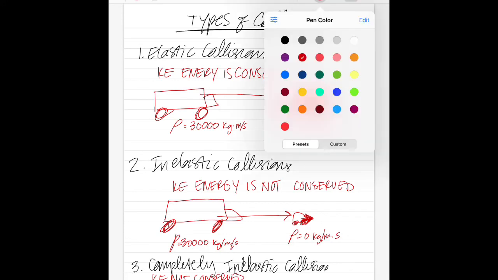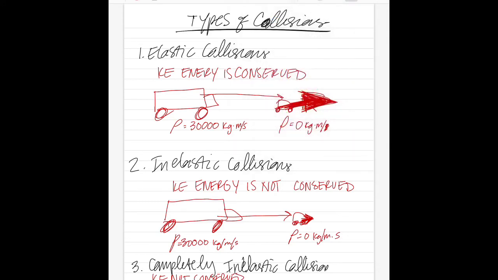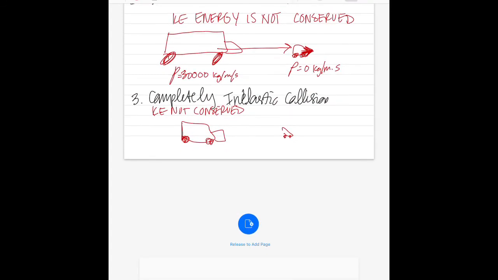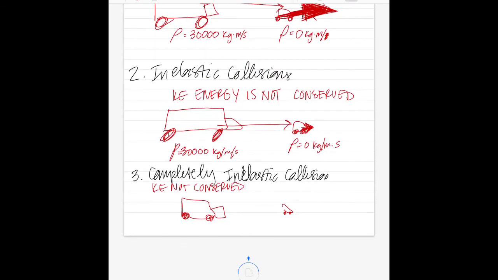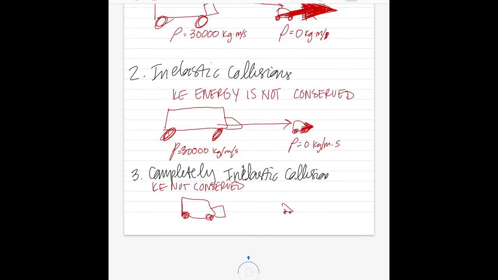But this is when two things collide, like our 18-wheeler here and our little smart car, that they will actually collide, and after they collide, they will stick together in one entity and then move together.